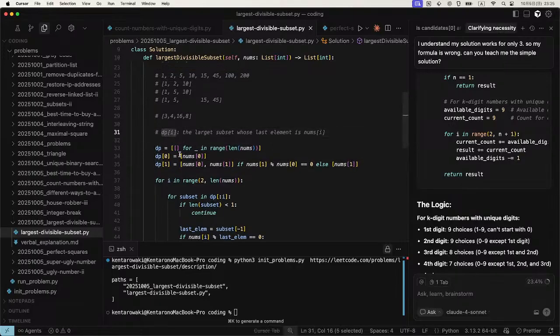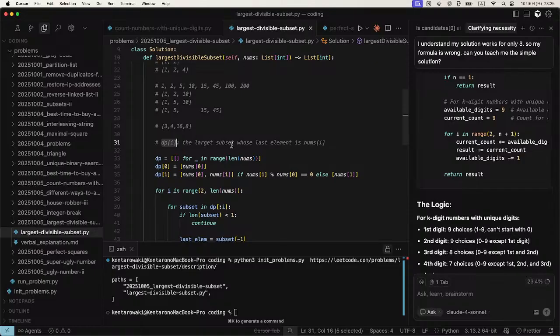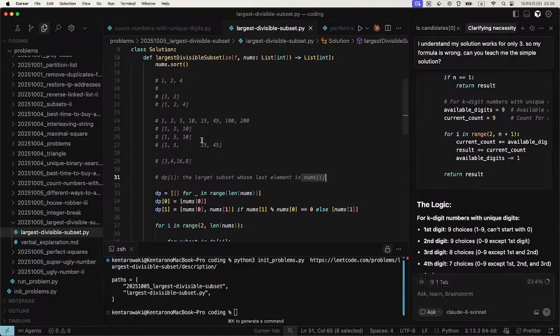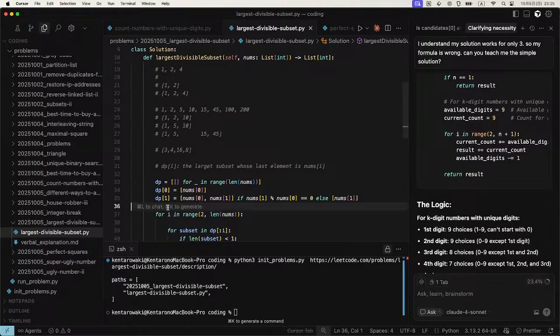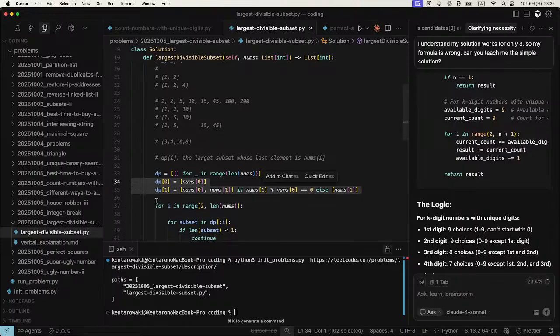DPI should have the largest subset whose last element is nums I. So here is the example. The original number array is 1, 2, 5, 10, 15, 14, 100, 200, and we are going to check one by one. And for the first and the second element, we update them as a base case.